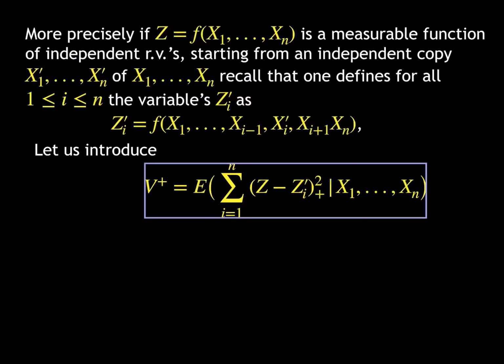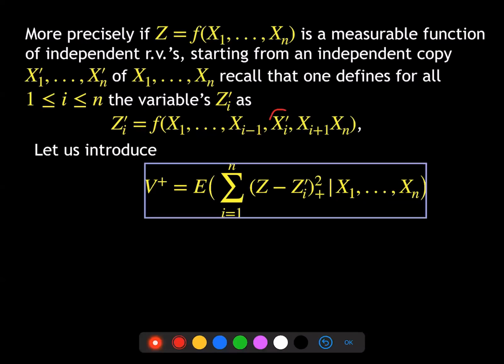We look at the symmetrized variables that we have already constructed when we have proved Efron-Stein's inequality. That is the variables Z prime i, which are merely defined as the original Z, but you have put X prime i here at the i coordinate instead of Xi.